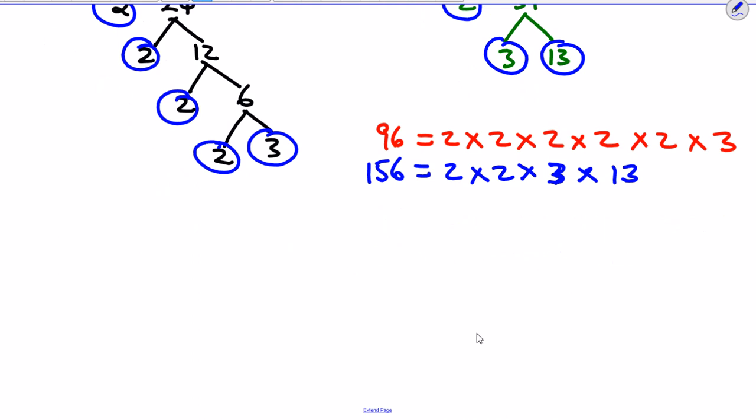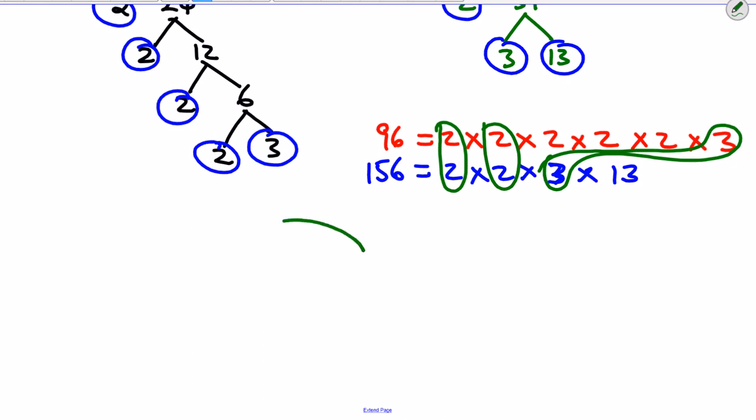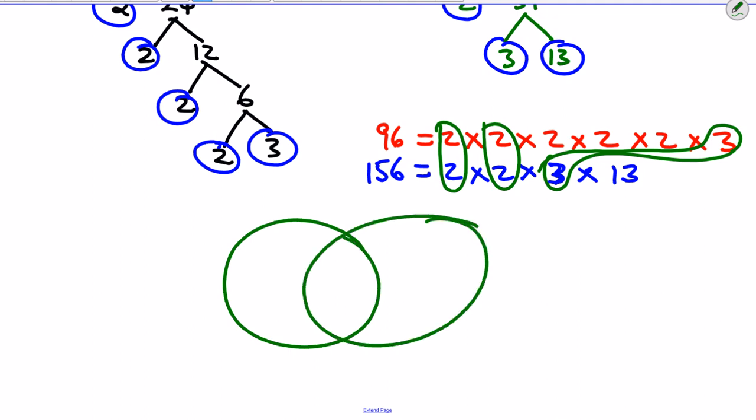We need to represent this information in a Venn diagram. But before we do that, let's look at what numbers are in both. We have one pair of 2, second pair of 2, and then we have 3 over here. So if I draw my Venn diagram to represent these prime factors, this is for 96, this is for 156.